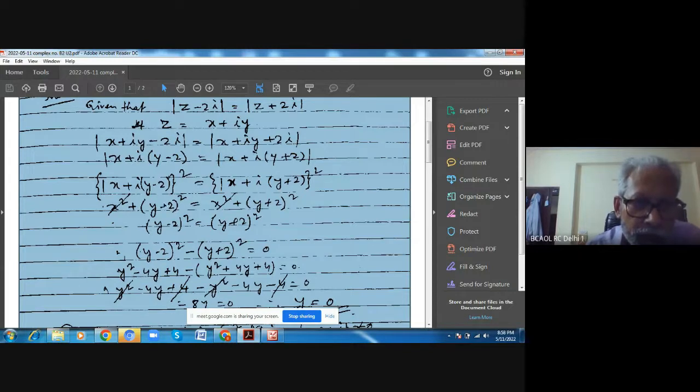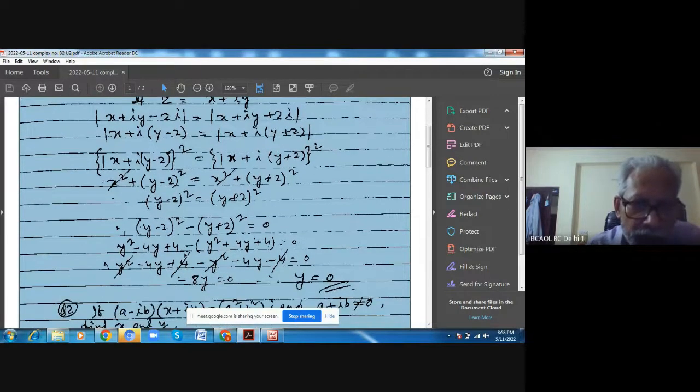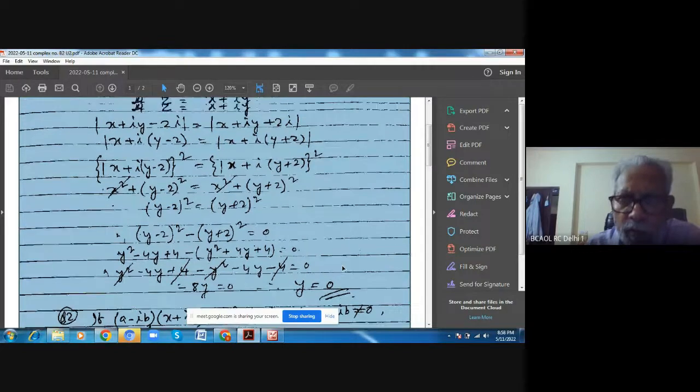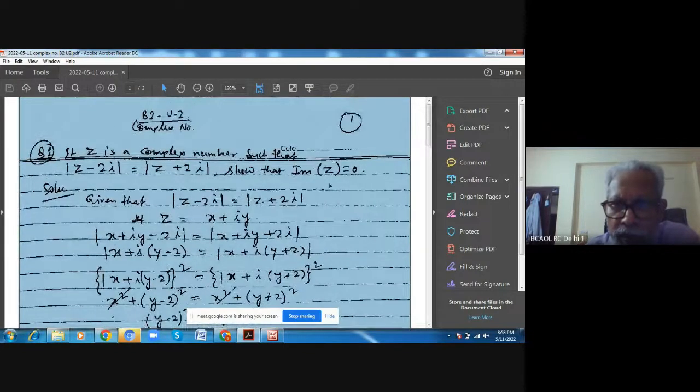Now only this part and this part are there. Then after that you can calculate it, simple algebra, and finally you get y is equal to 0, because 0 divided by something is always 0. So y is basically the imaginary part. So it is proved, because in the question the imaginary part is 0.